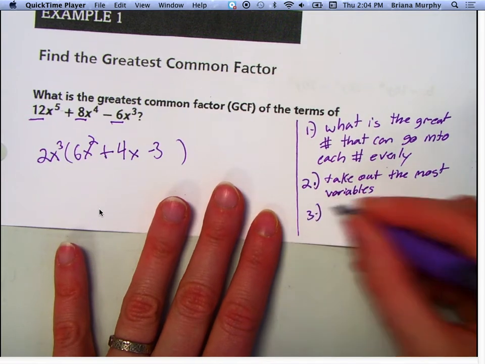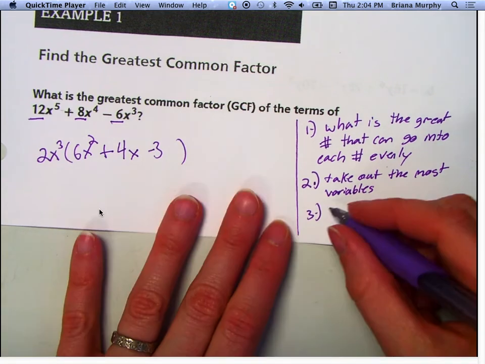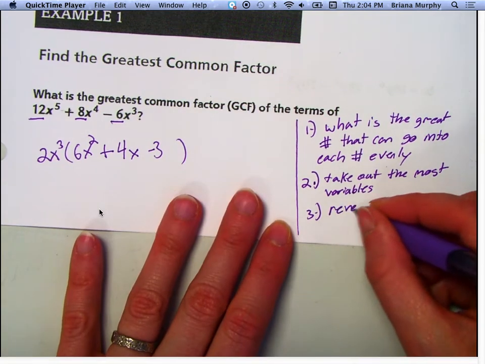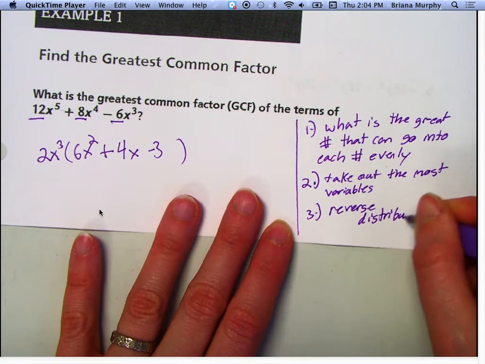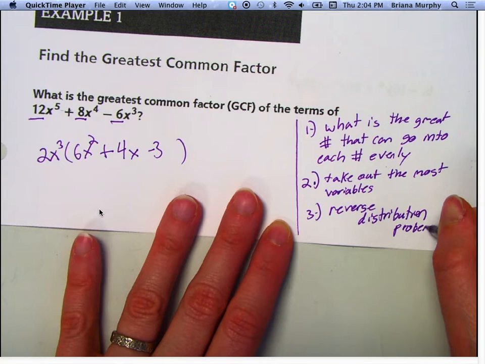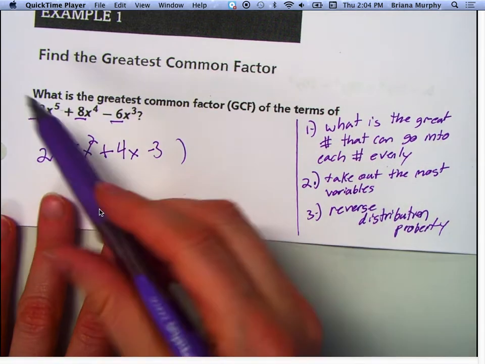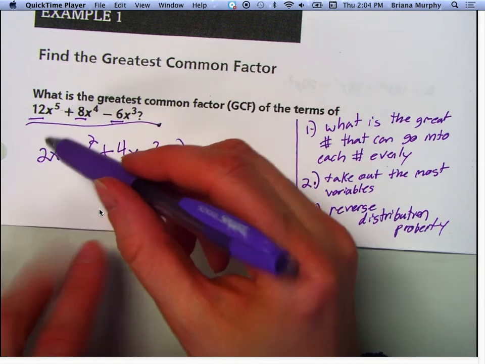Step 3 is kind of reverse distribution property. So I know this is my answer when I get a distribution, so I'm just kind of reversing it.